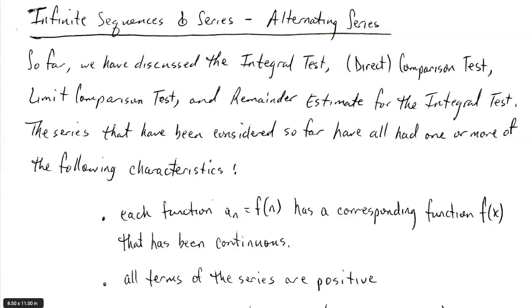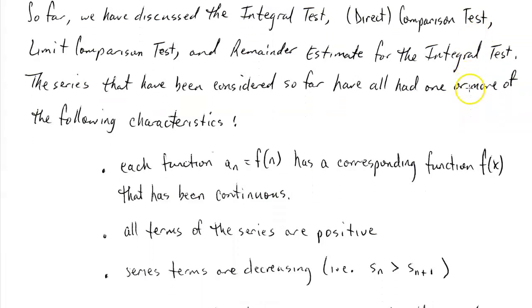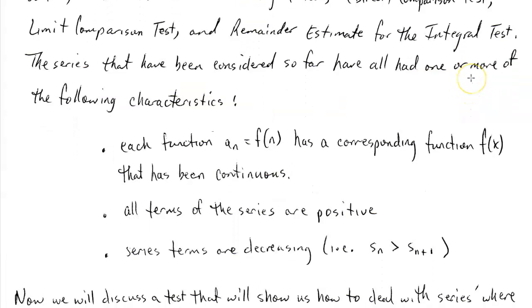And so one of the things that has been in common with all of these tests is that we've dealt with series that have had the following three characteristics here. One is that each sequence that makes up the series had a corresponding real valued function, or a function with domain something other than the natural numbers, that has been continuous.